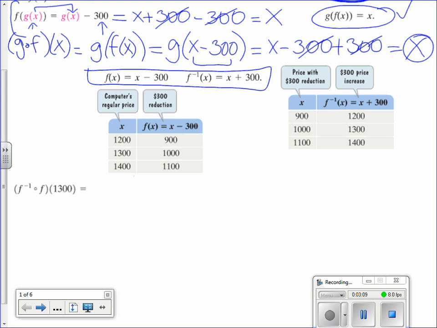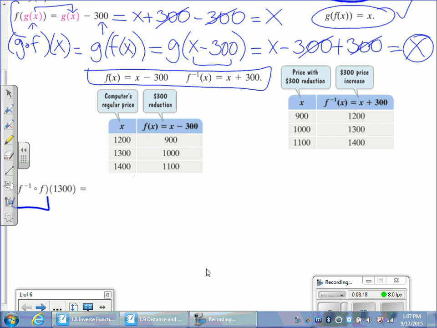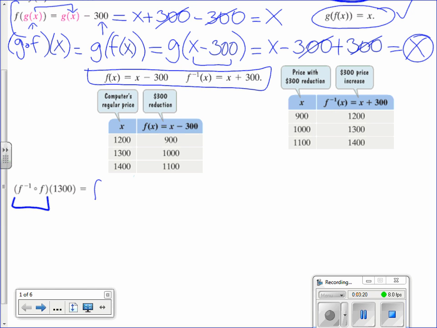Now, let's find the function value of this composition, so f composed with its inverse. For that, we're going to have f inverse of the function f of x. In this case, we're not talking about x, we're talking about 1300.